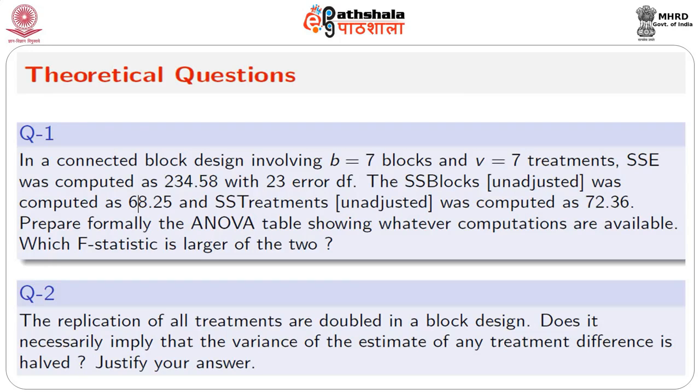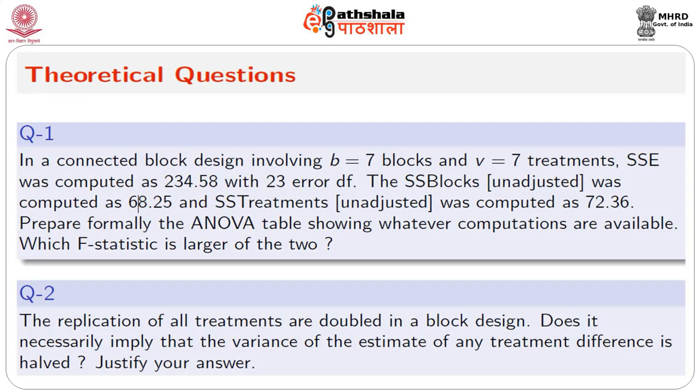We need to know the total sum of squares. Okay. Imagine you have given the total sum of squares, then you can look at the sum of squares blocks unadjusted and then sum of squares due to error. If you take them out, you get sum of squares due to treatments adjusted. Yes, sir. And then when you have sum of squares due to treatments unadjusted, you can compute sum of squares due to blocks adjusted. So what is missing here is the total sum of squares.